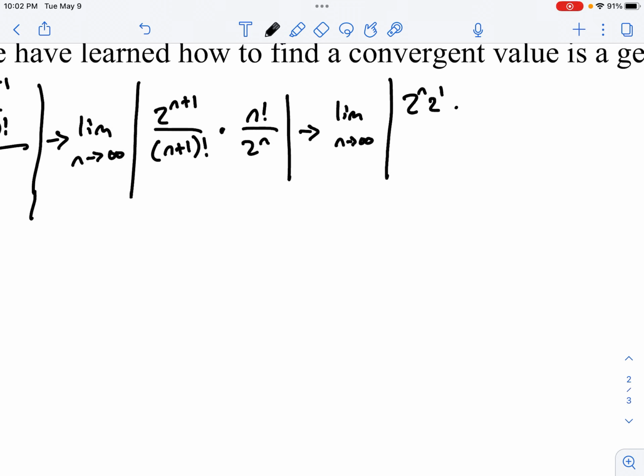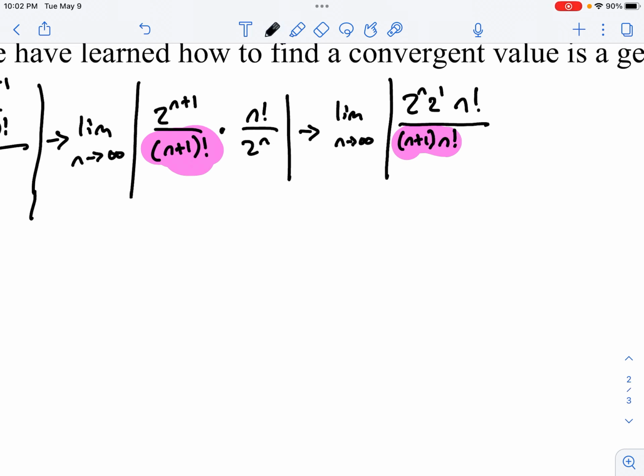So we get that times an n factorial, so that's all of my top stuff. Now on the bottom, I have n plus 1 factorial. Well, what does factorial mean? It means that you keep multiplying it by things 1 less. So what's 1 less than n plus 1? An n. So this is actually n plus 1 times n factorial.